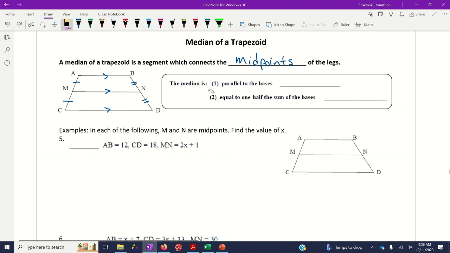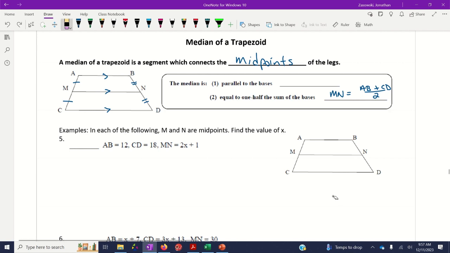Number one, the median, or the mid-segment of a trapezoid, is going to be parallel to the bases, and it's going to equal 1/2 the sum of those two bases. All right, so the equation we'll be able to create is that MN is equal to AB plus CD divided by 2.